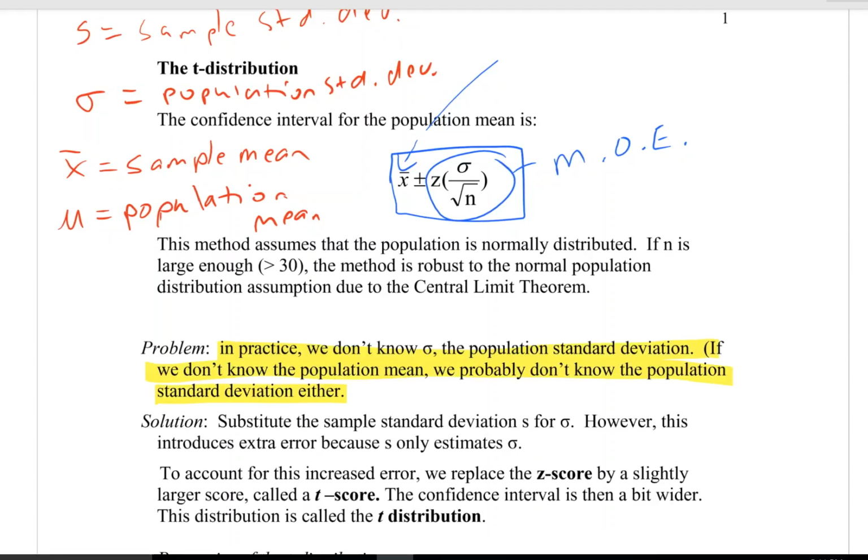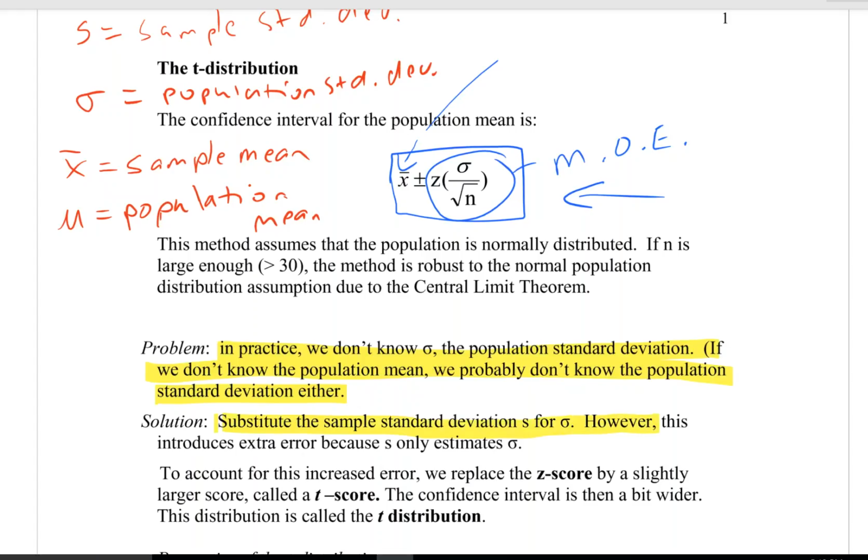So when you look at this formula that I showed you for the confidence interval for population mean, notice that it calls for sigma. Notice that sigma is in that equation, but this isn't going to be a very helpful equation if I don't know sigma. So what we do in practice is that we substitute the sample standard deviation S for sigma.